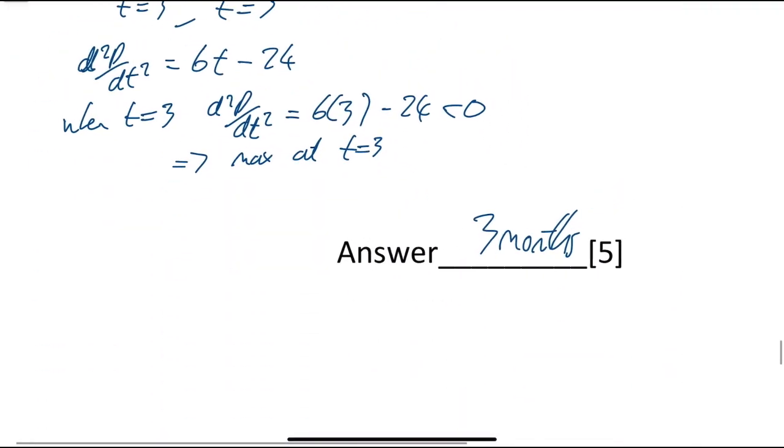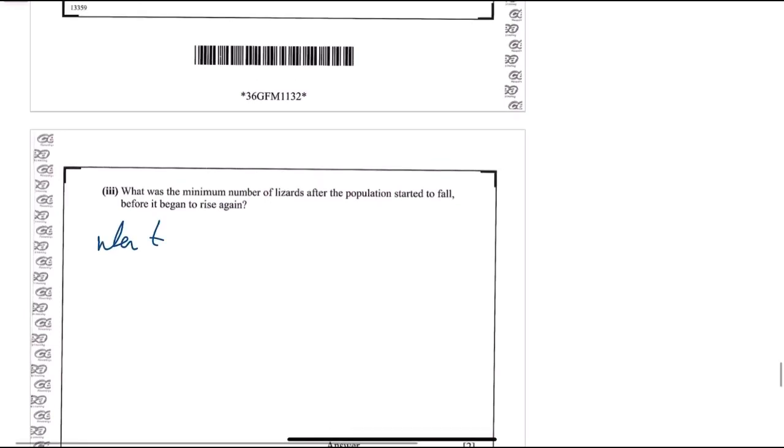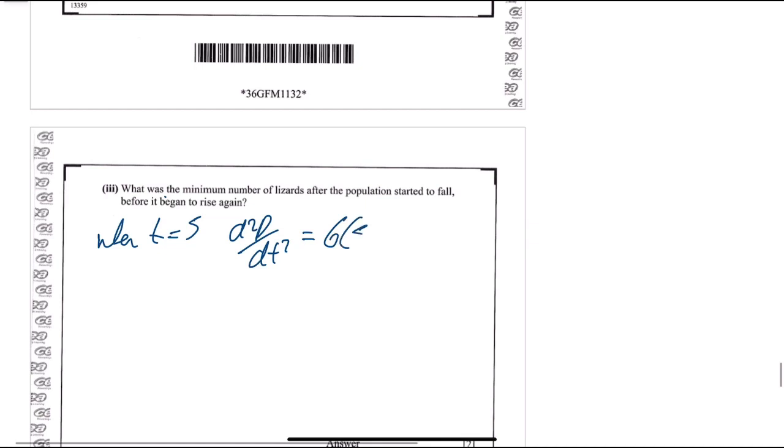So we just want to test first of all, say when t is equal to 5, d2P by dt squared is equal to 6 times 5 minus 24, which is greater than 0, therefore minimum.